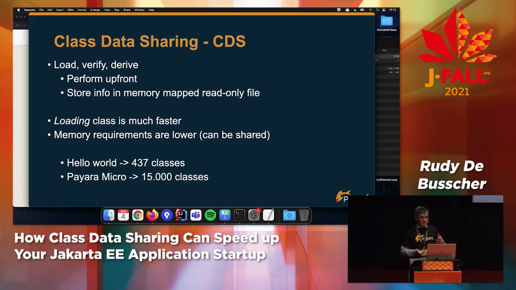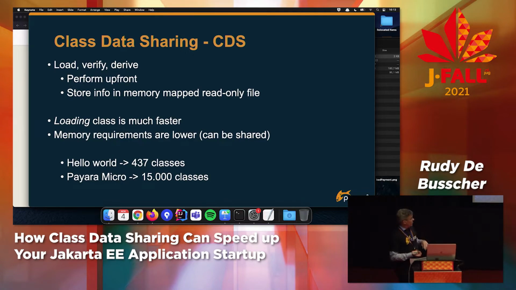So CDS is creating this, and there are different formats. It goes back even to JDK 8, where you had a simple version. Later on, you had the application CDS, and later on, the dynamic CDS. But all of those versions create just that memory mapped read-only file that is used immediately at startup of your application and eliminates the entire class loading, verification, and derive steps.